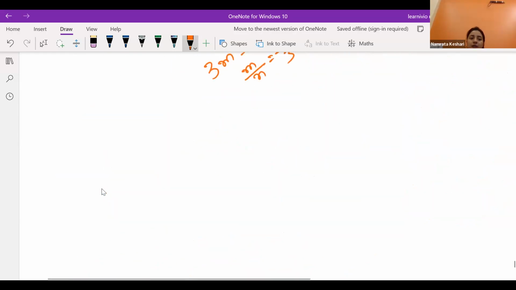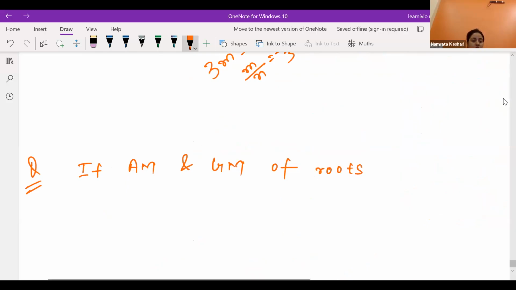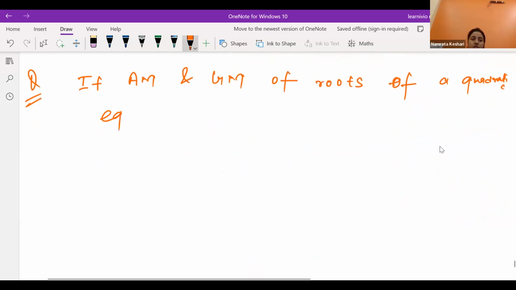Can you do this question by yourself? If AM and GM of roots of a quadratic equation are 8 and 5 respectively.